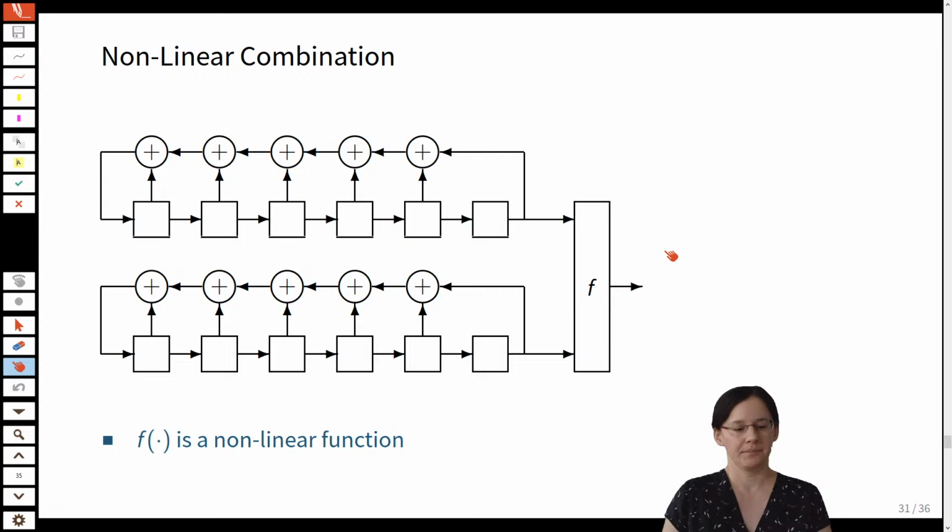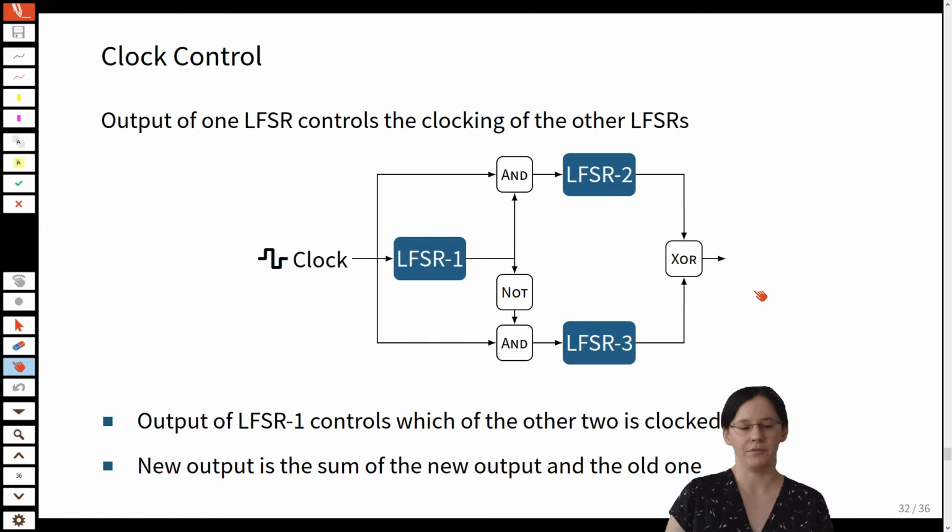Okay, what other constructions do we have? One is called clock control. So instead of ANDing the LFSR outputs together, you can also use the output of one LFSR, which is connected to a regular clock, to decide which of two other LFSRs you want to clock next.